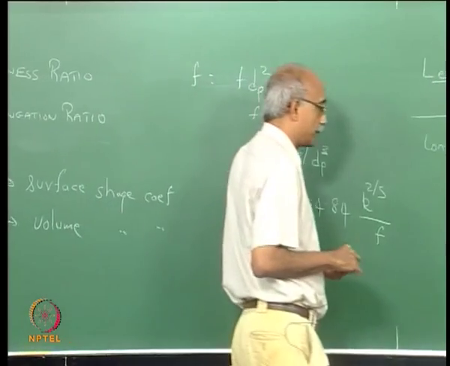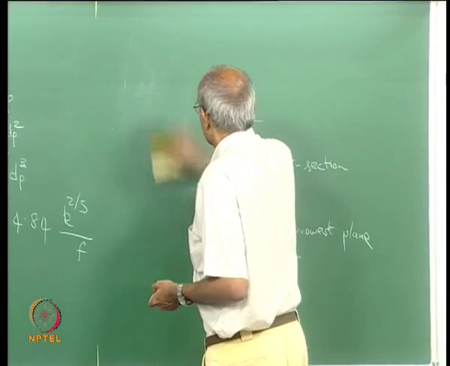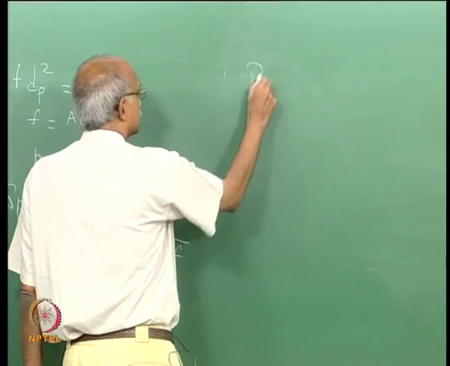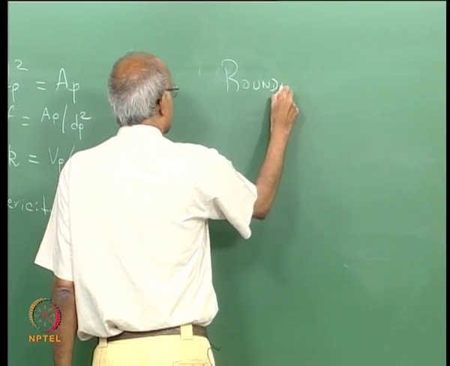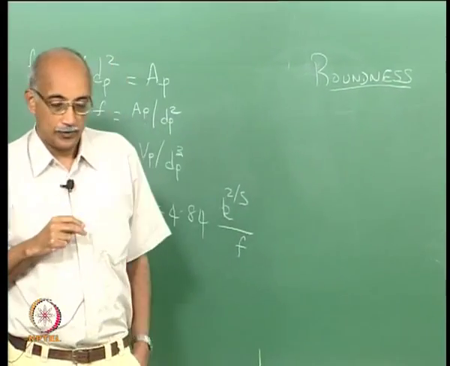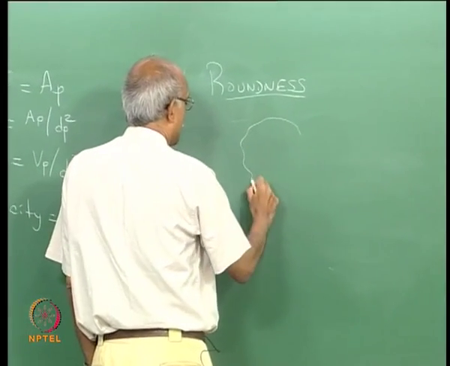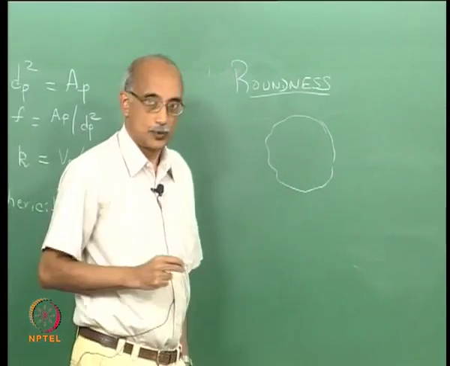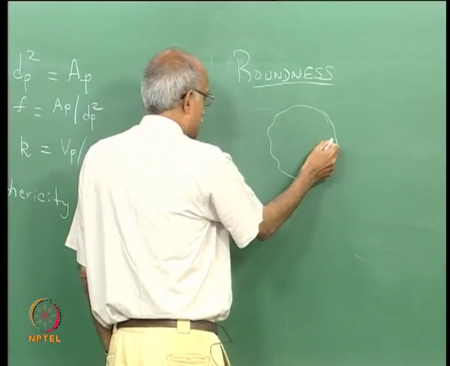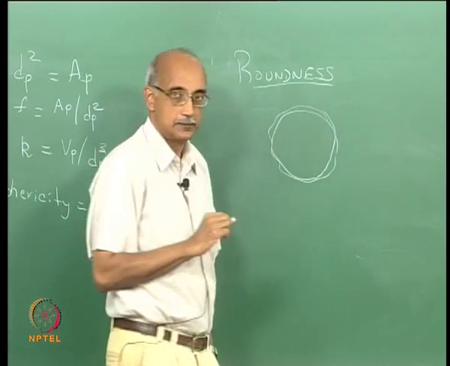Another shape comparator that Waddell came up with was roundness. The way he defined roundness of an object, of a particle, was essentially by taking the profile of the object in a two-dimensional plane, inscribe a circle inside it which gives a best fit.